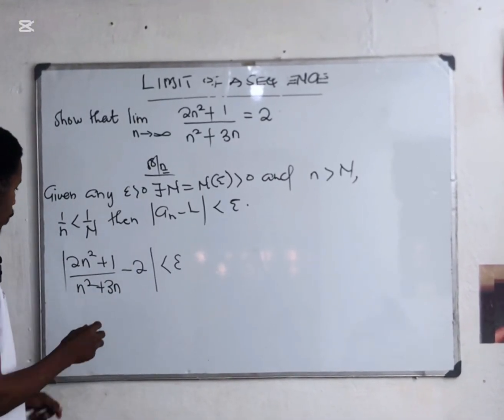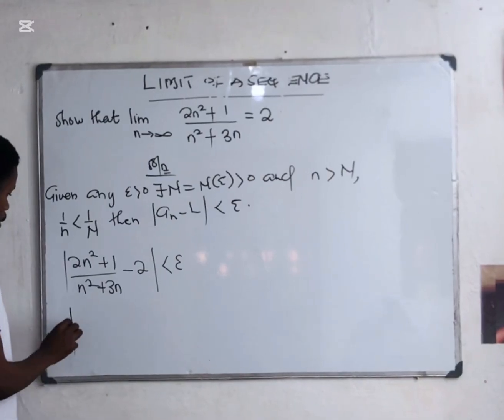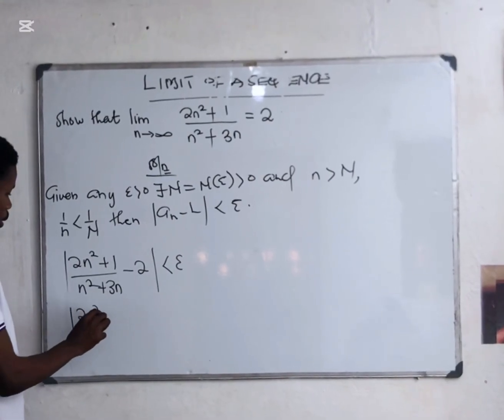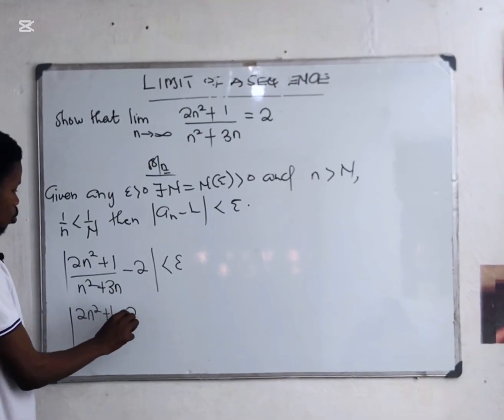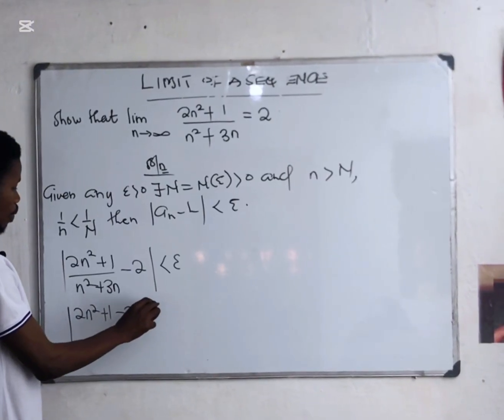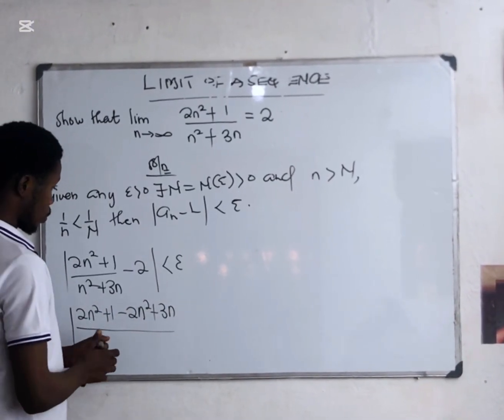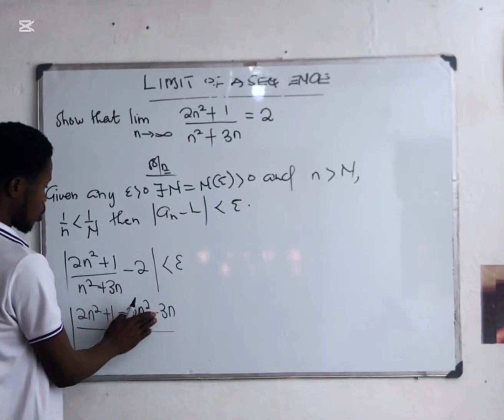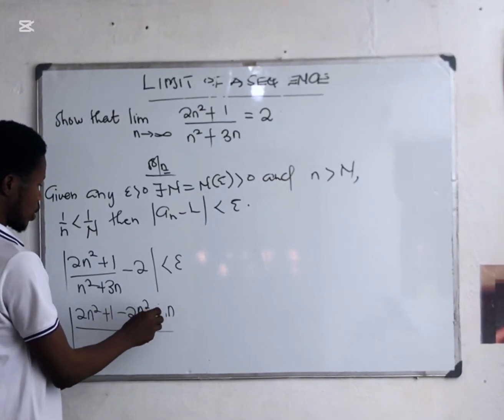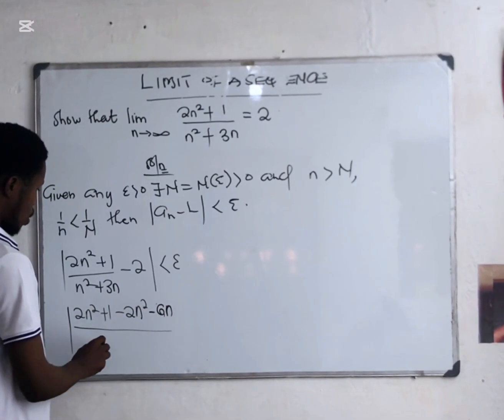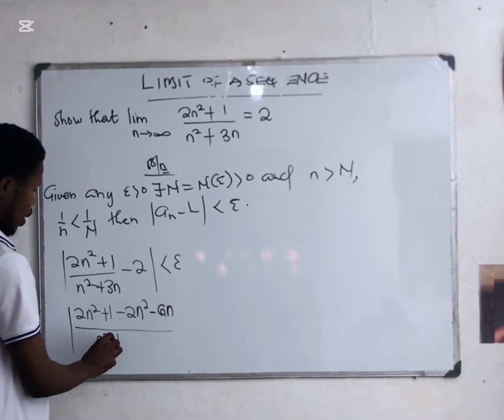Find the LCM of this. If you find the LCM, you are going to get 2n squared plus 1 minus 2n squared plus 6n, all divided by n squared plus 3n.